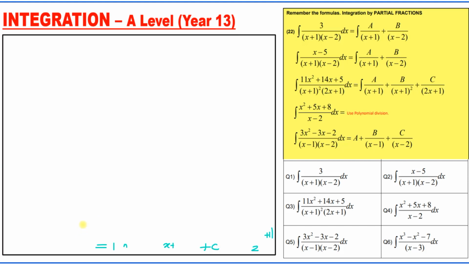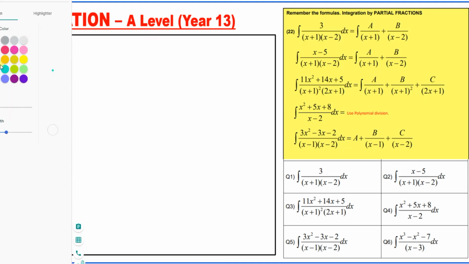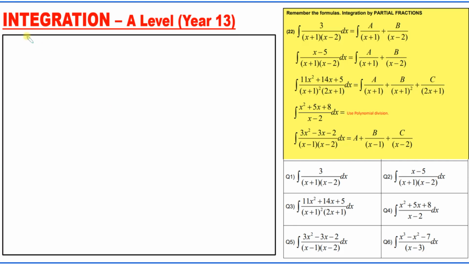And now we are moving on to the question number 4. In the question number 4, there is an important thing I need to explain about the powers, right? Let me write the question Q4. So question number 4 is integrating x squared plus 5x plus 8. So this is actually not an integration knowledge you need to have.